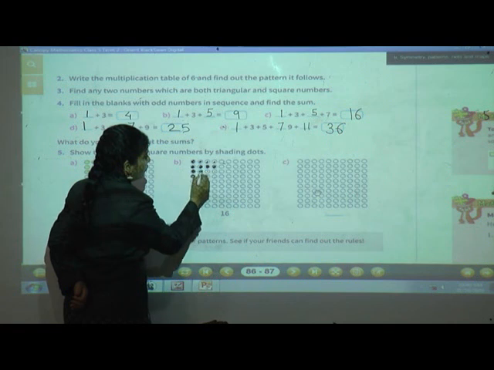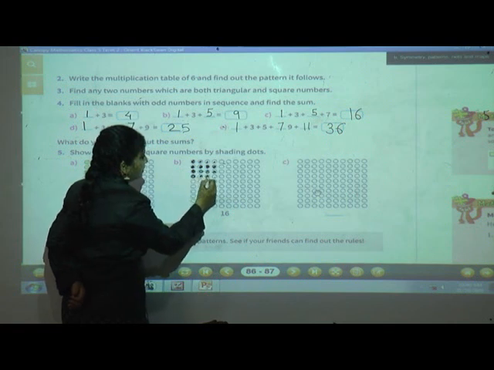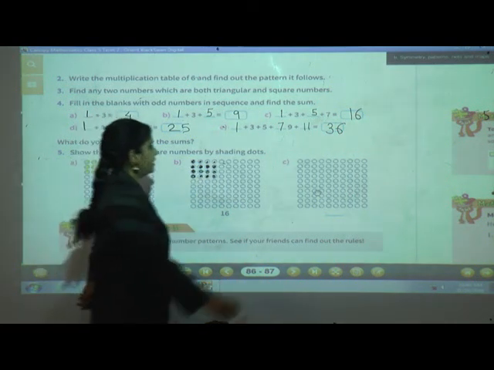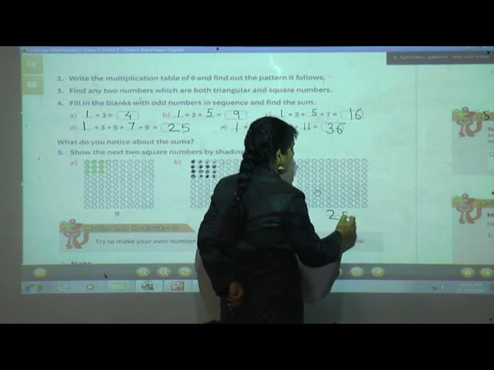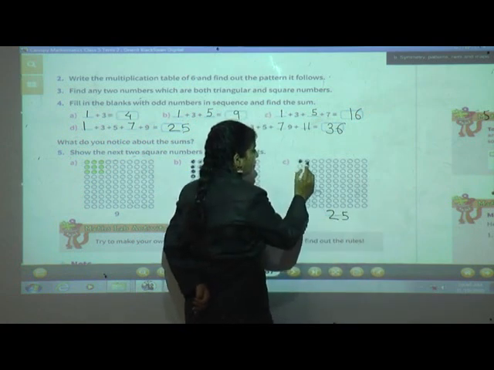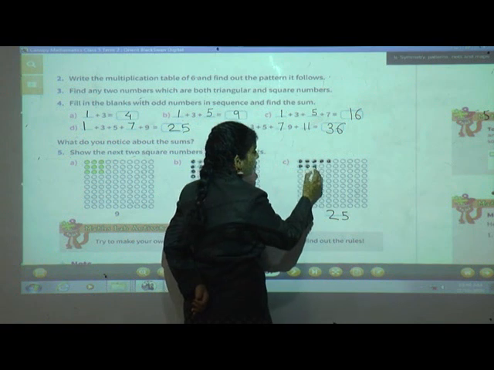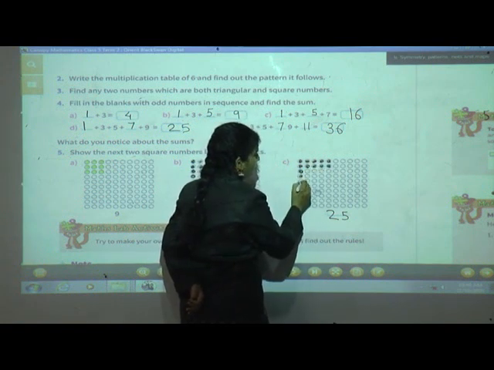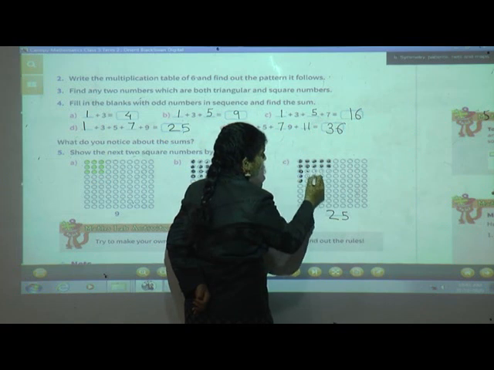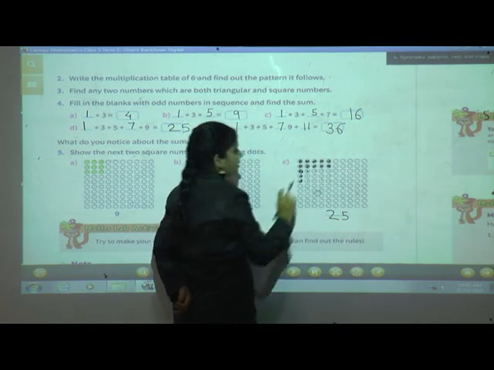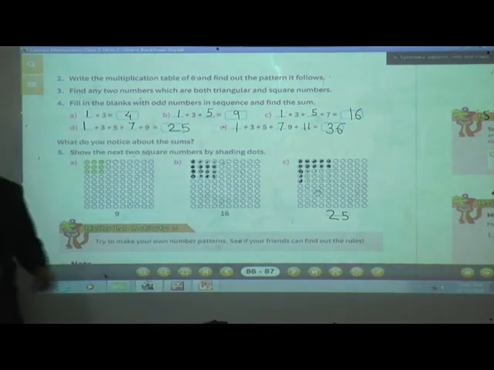So in this way 4 multiplied by 4, 16 will come. And here 25, square of 5. So color 5 dots in columns and rows of 5. So here you will get square 25.